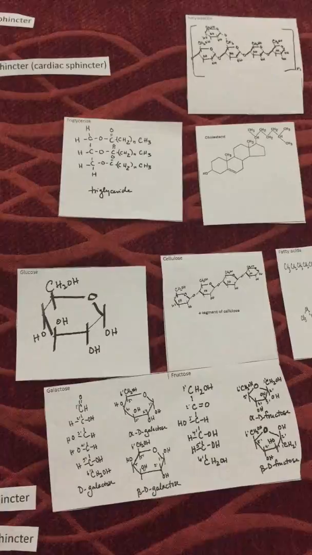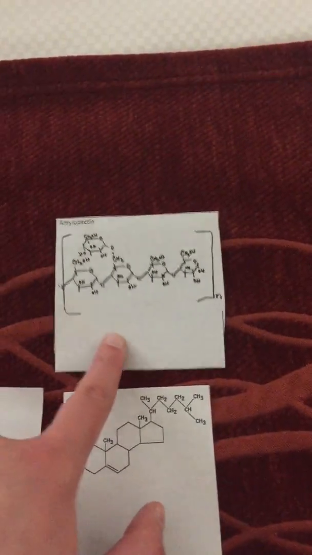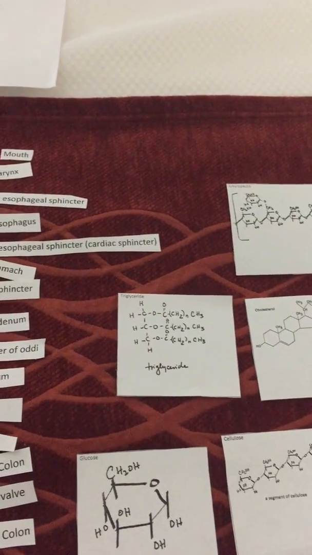Cellulose consists of long polymer chains of glucose units, so there's a segment of one of our chains. Amylase, that is right up here, is secreted by the pancreas to digest starch.